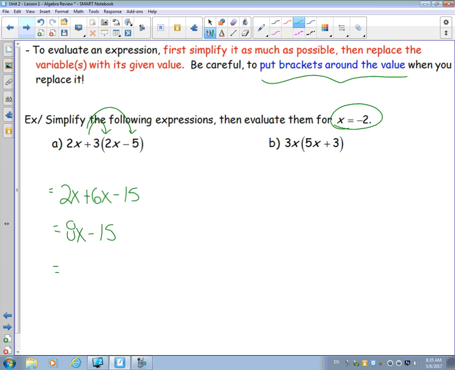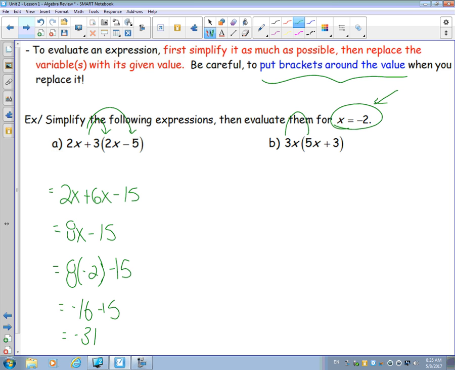Everywhere I see an x, I'm replacing it with negative 2. I'm going to do that by putting it in brackets. x is worth -2. So 8x would be 8 times -2, which is -16. Oops, that's a 15, sorry. And then I can add them together. Okay, but make sure you replace with brackets. That's kind of a key.